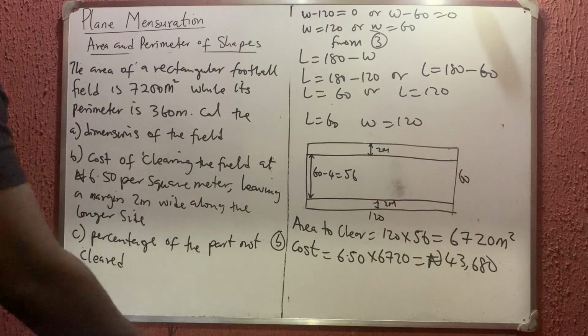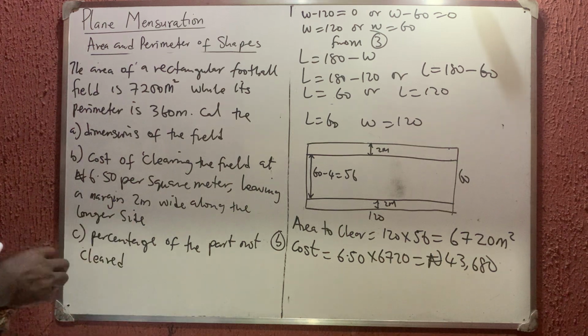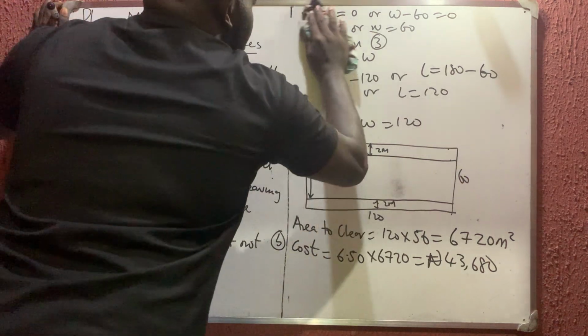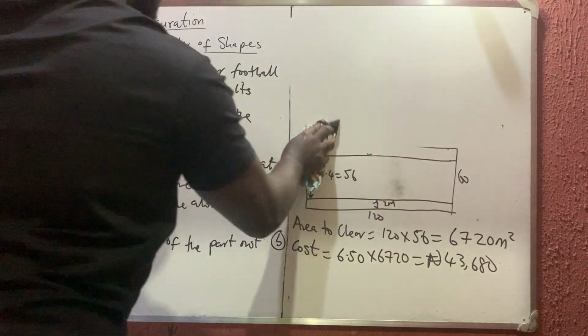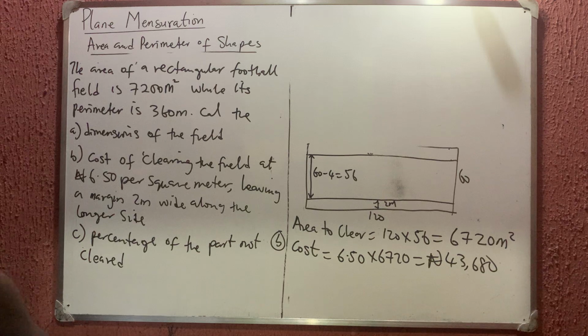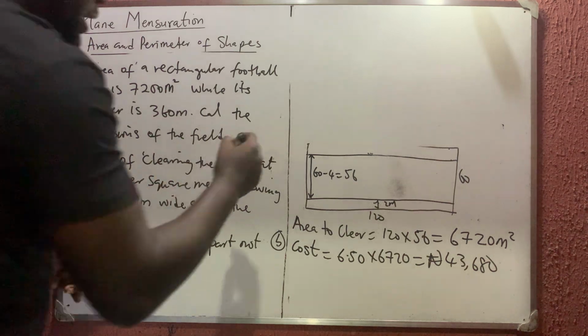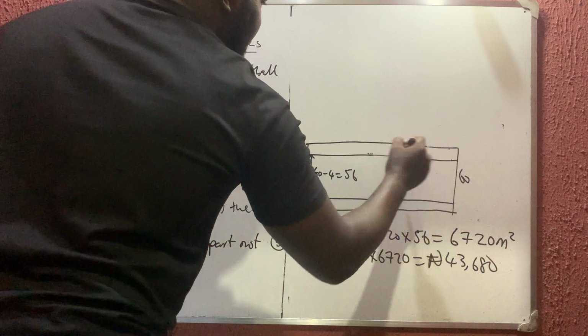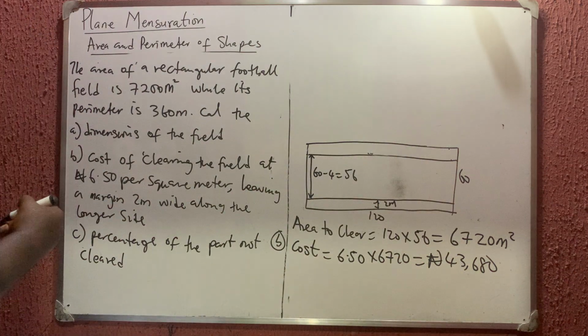Now question C said percentage of the parts not cleared. So let's see the percentage of the parts not cleared. First of all, let us get the area of the part not cleared. So the area of the part not cleared should be the area of the big rectangle minus the area of the small rectangle.